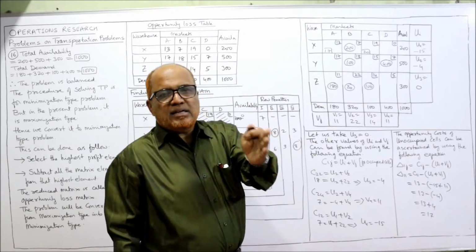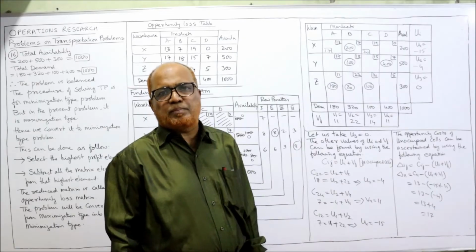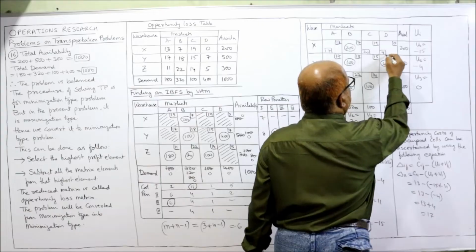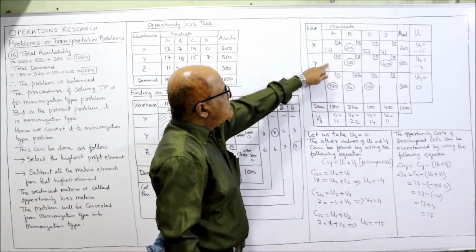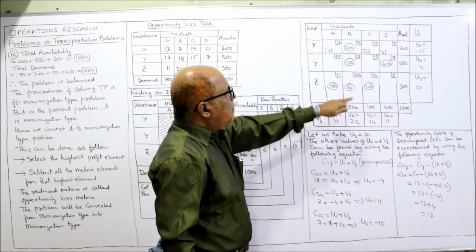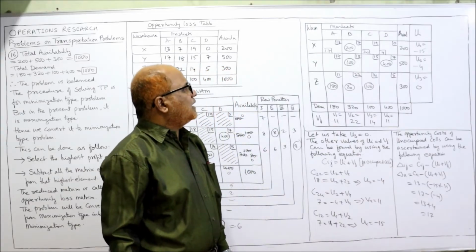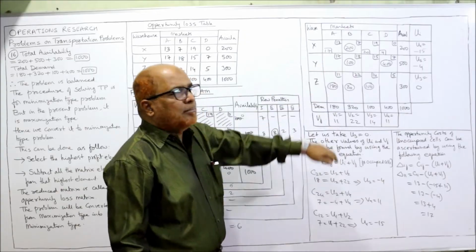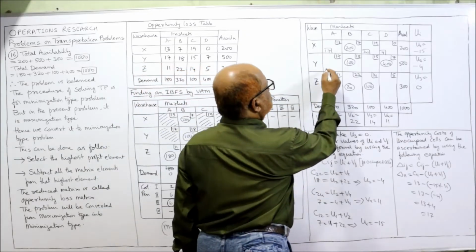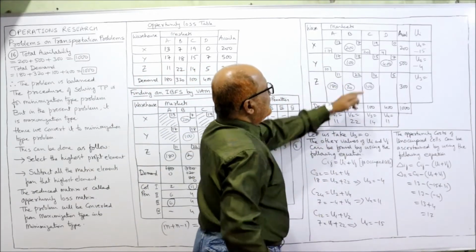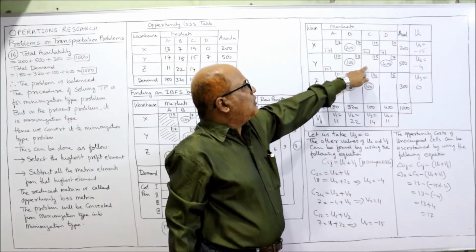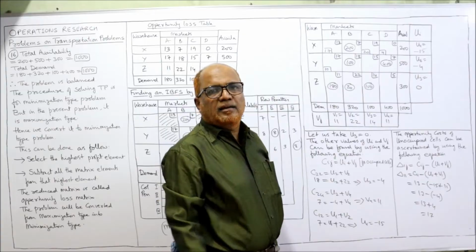So 0 minus minus 4, minus into minus plus. So 0 plus 4 is 4. Similarly here, 17 minus 7 is 10. This cell, 15 minus 10 is 5.